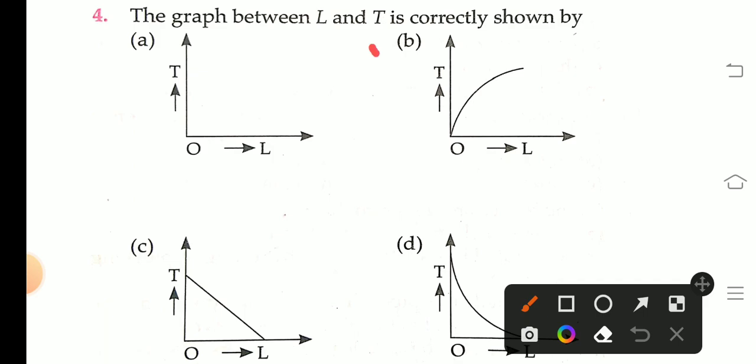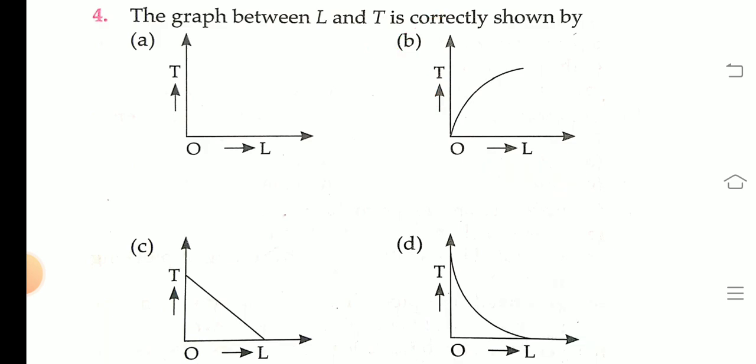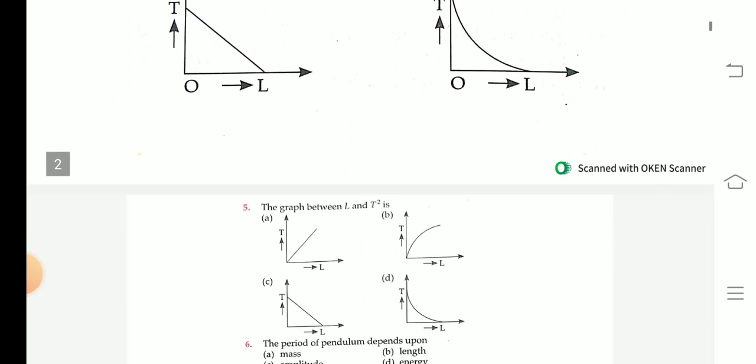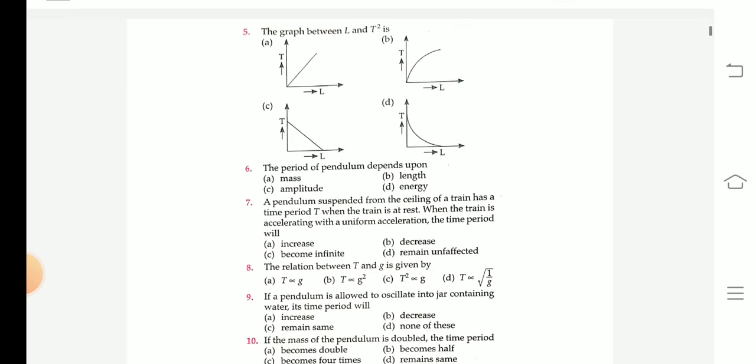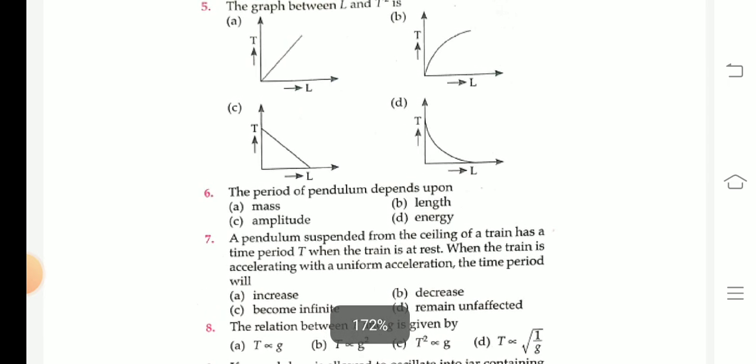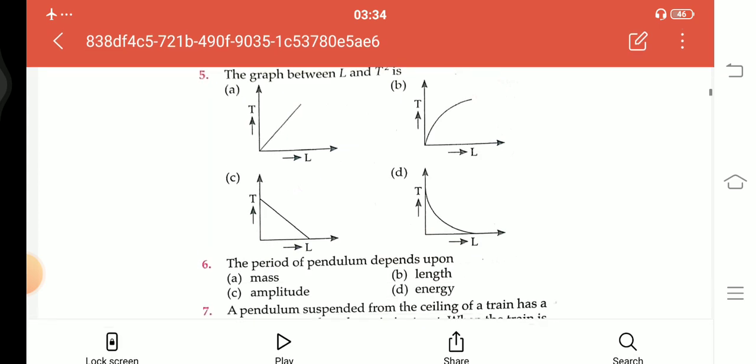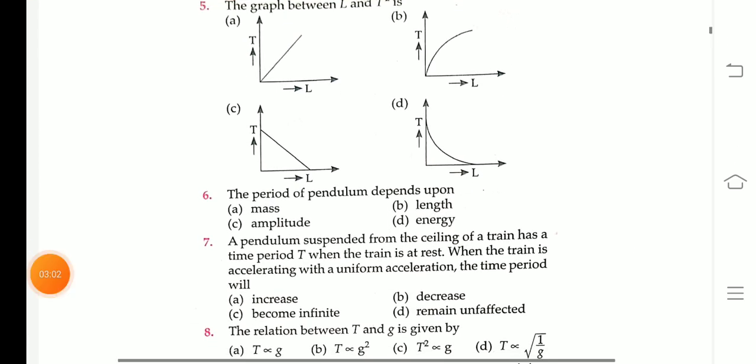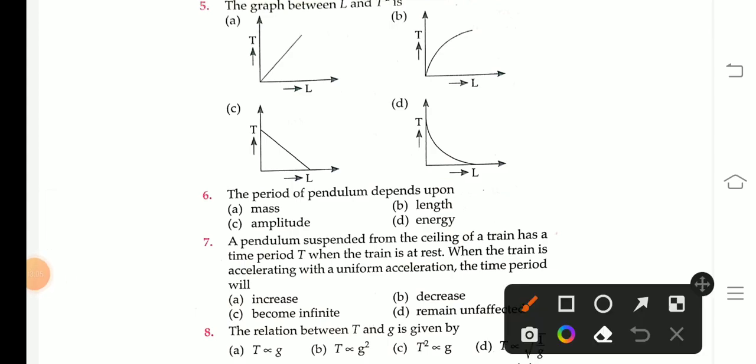Right answer will be option B. T, L. The graph between L and T squared is. Right answer will be option A. T.